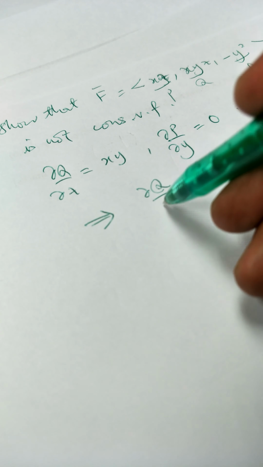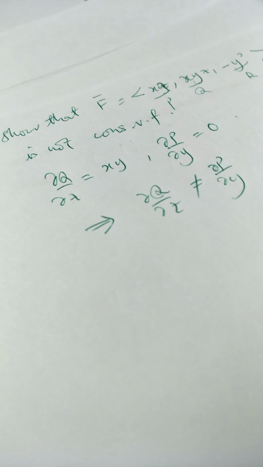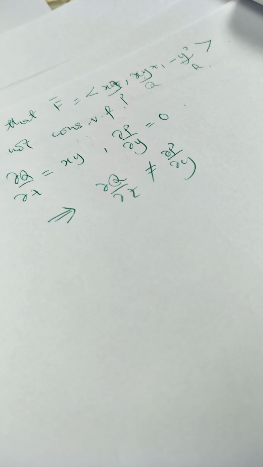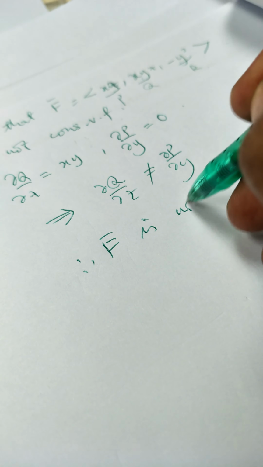So you can see here that del Q del Z is different from del P del Y. One of the components is not satisfied, therefore F is not conservative.